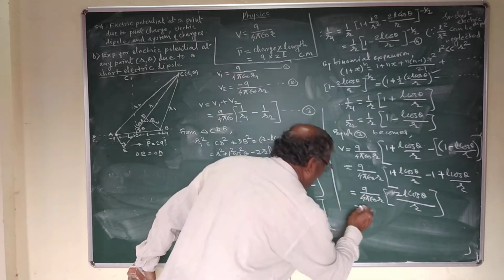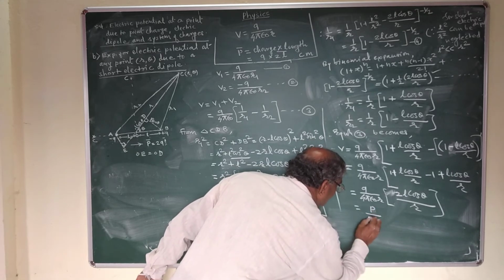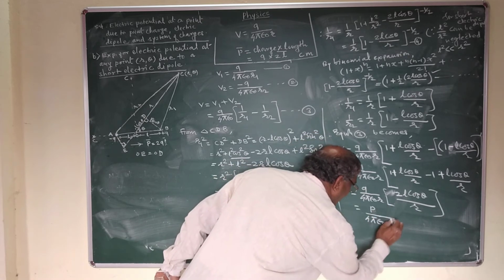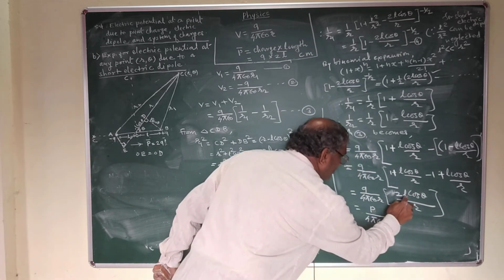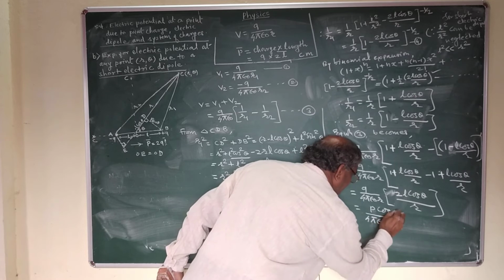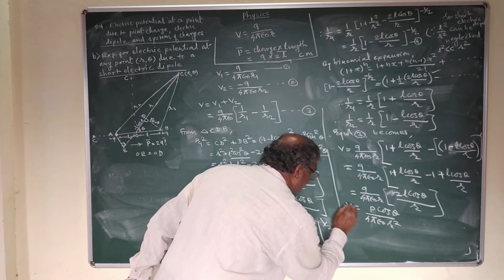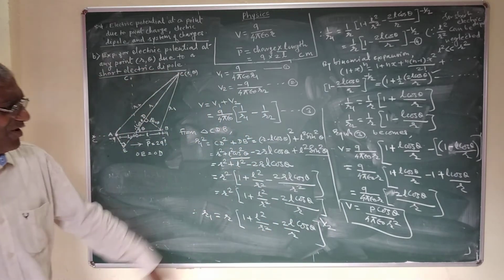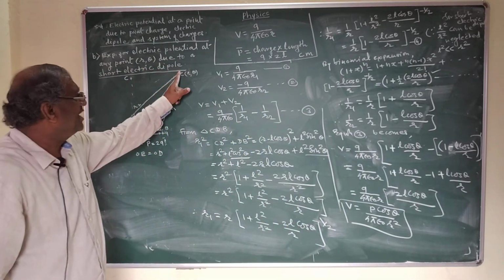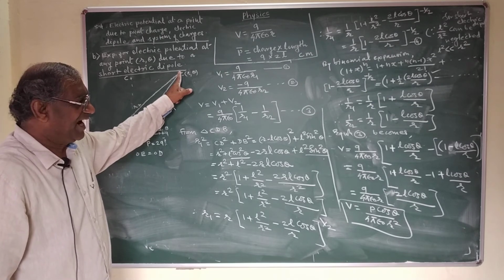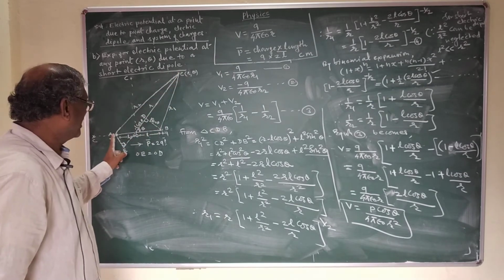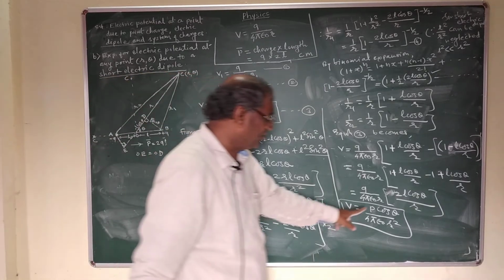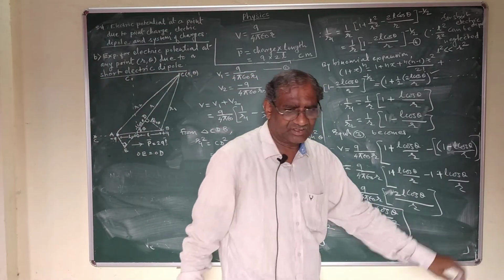So I can write here P upon 4 pi epsilon 0 R square into cos theta. This is the expression for electric potential at any point due to an electric dipole, a short electric dipole. V is equal to P cos theta upon 4 pi epsilon 0 R square.